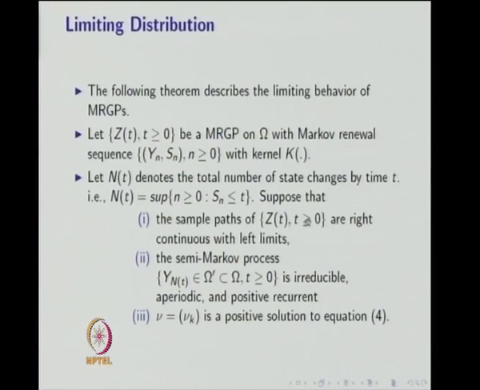Let Z of t be the MRGP with the Markov renewal sequence Yn comma Sn. Let N of t denote the total number of state changes by time t.